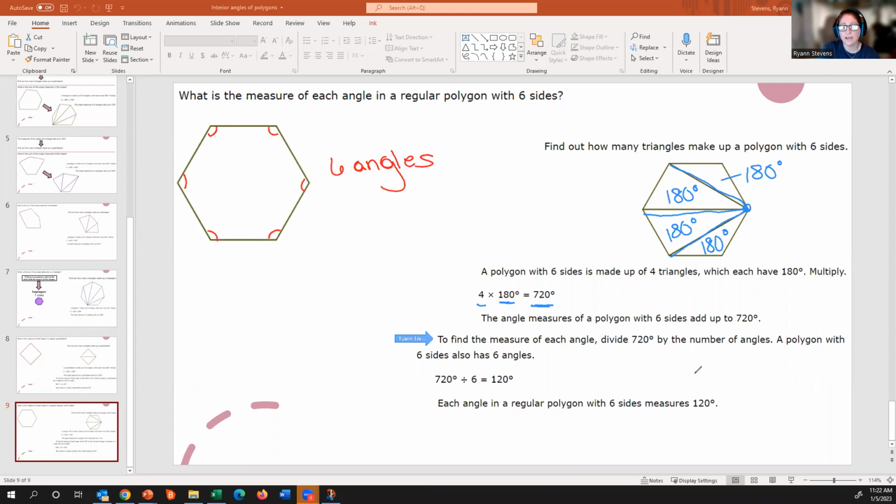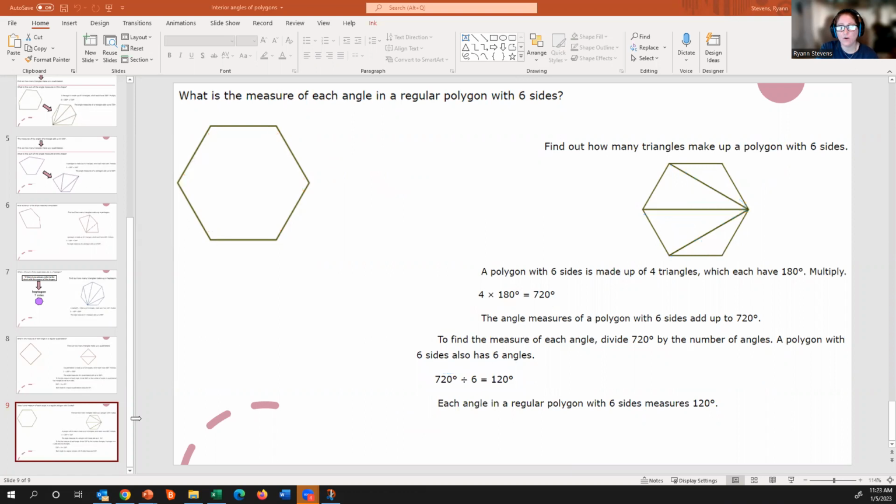And I'm going to divide 720 by 6. You can set it up this way, or you can also set it up like this. But either way, 720 divided by 6 is going to give you a total of 120 degrees, which means that each angle in a regular polygon with 6 sides will measure 120 degrees.